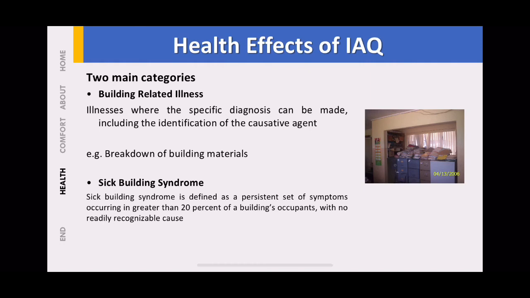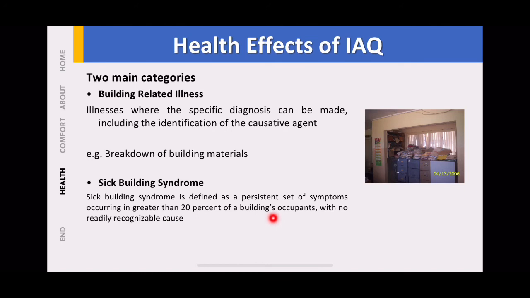There are two main categories. The one that I've spoken about just now is building related illnesses, where a specific diagnosis can be made, including identification of the causative agent. What we do is break down the building materials and change them for new ones. The other is called sick building syndrome, which is defined as a persistent set of symptoms occurring in greater than 20% of building occupants.